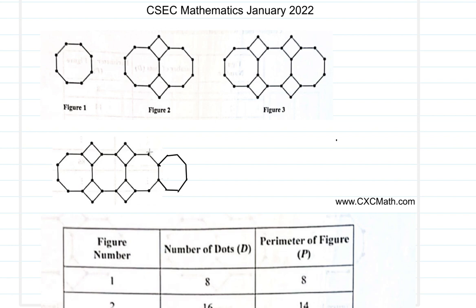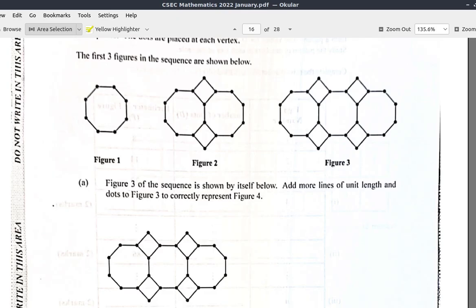And then you add the square here. So you have the dots at each corner. Alright, so you now have figure 4. That's figure 4 I have for you there. Let's look at the next part of the question now.